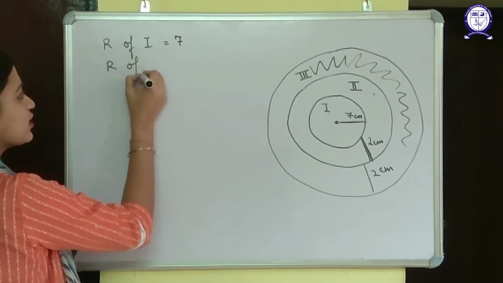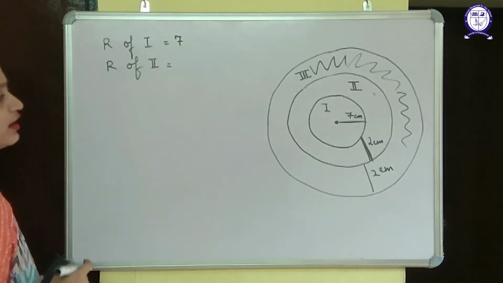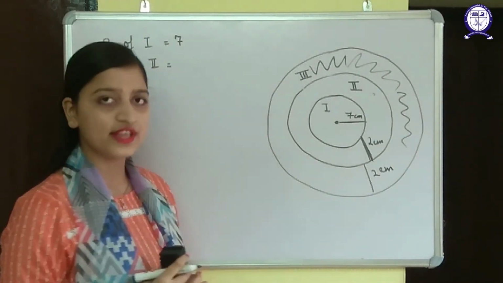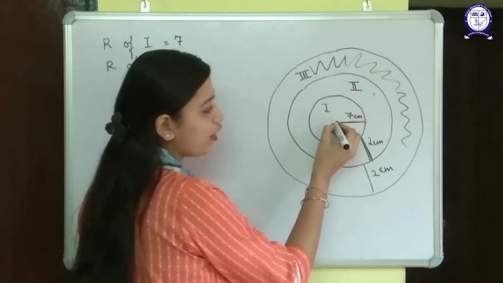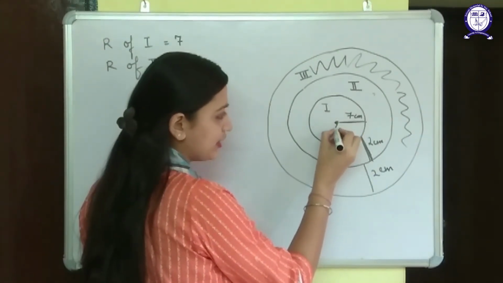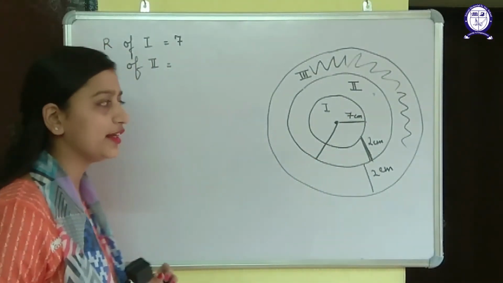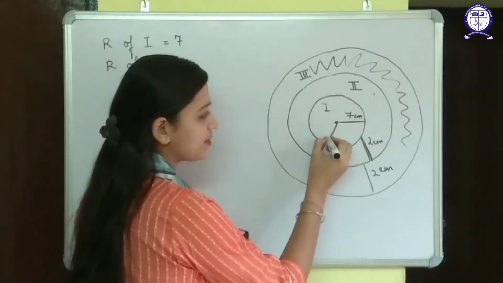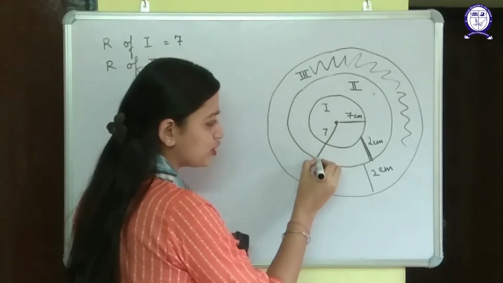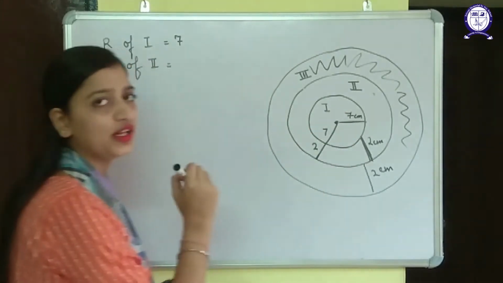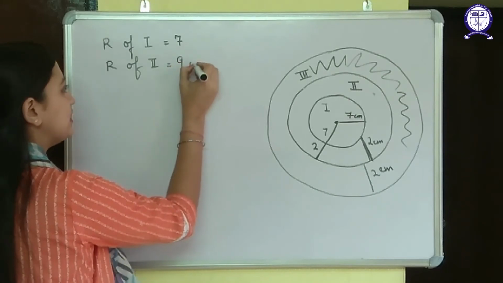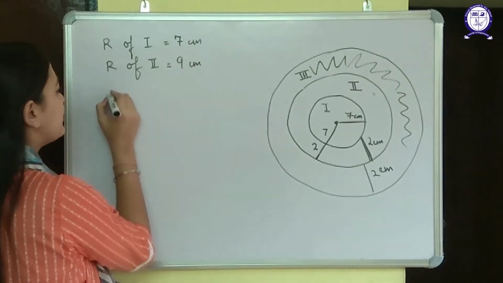The radius of the second circle will start from the center and go till here. Okay, this will be the radius. Now this portion is my 7 and this portion is my 2. So the total radius will be 9 centimeters.